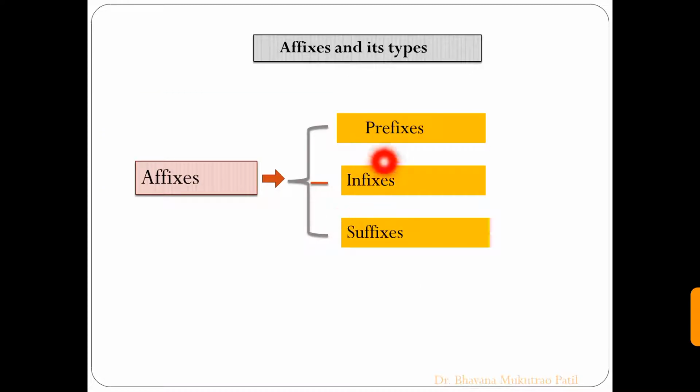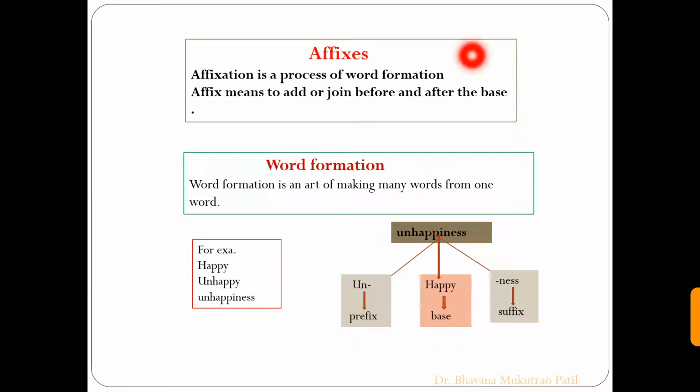Now affixes are of three types: prefix, suffix and infix. Affixation is a process of word formation. What is word formation? Word formation is the art of making many words from one word.